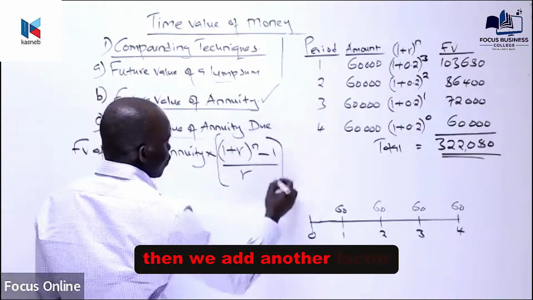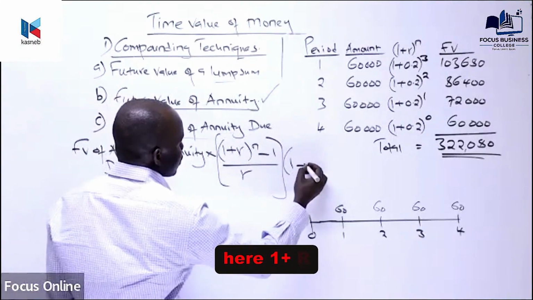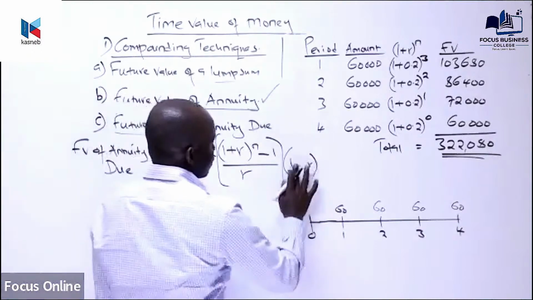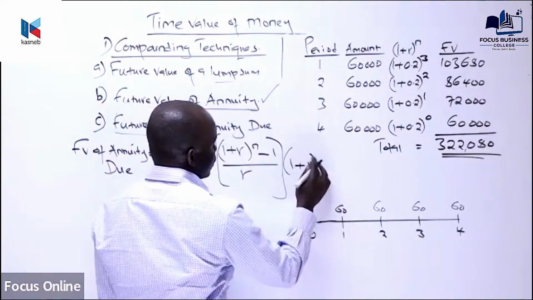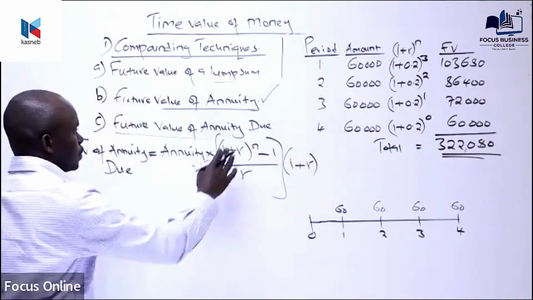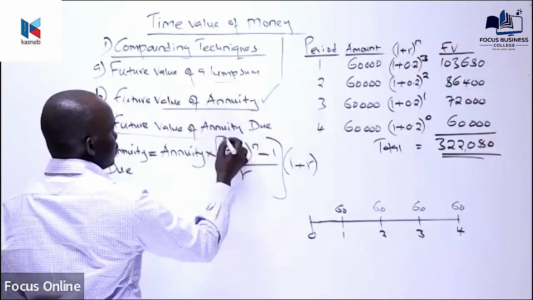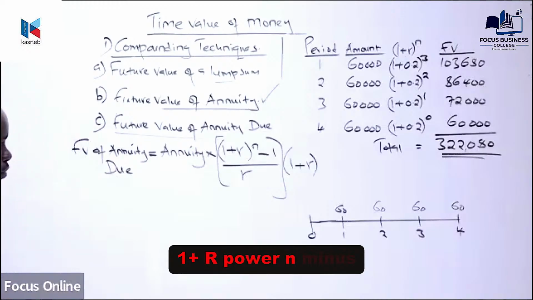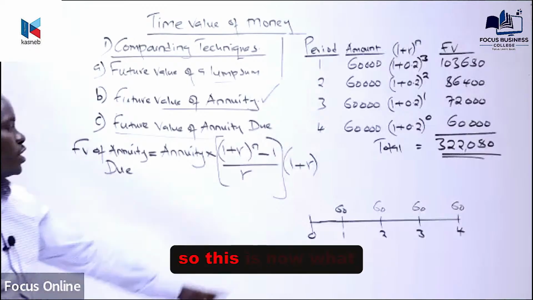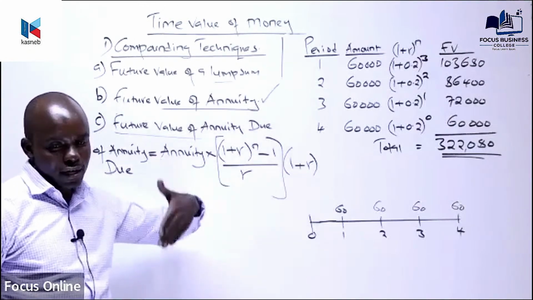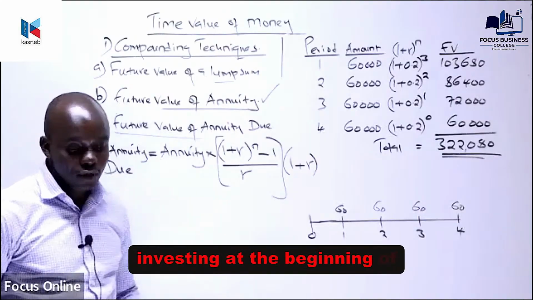Then we add another factor here, 1 plus r. So it is 1 plus r power n minus 1 over r, times 1 plus r. This is now what caters for the element of investing at the beginning of the period.